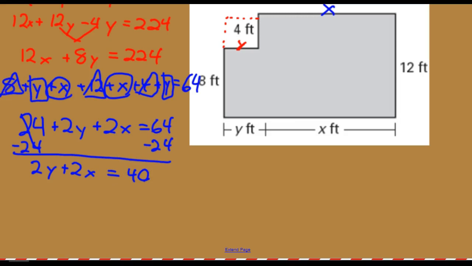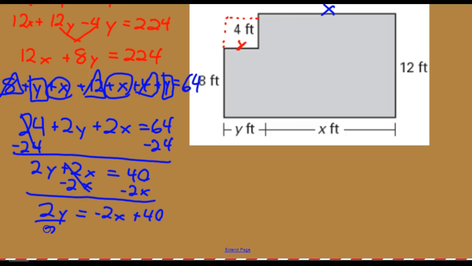Now we need to figure out one to solve for. I'm going to solve for y. So I'm going to subtract 2x and we get 2y equals negative 2x plus 40.